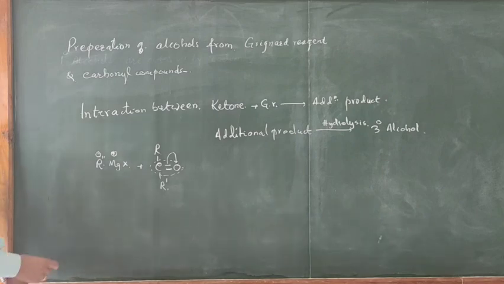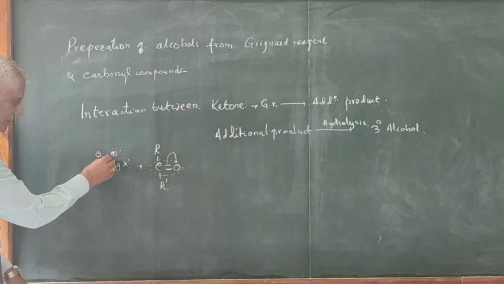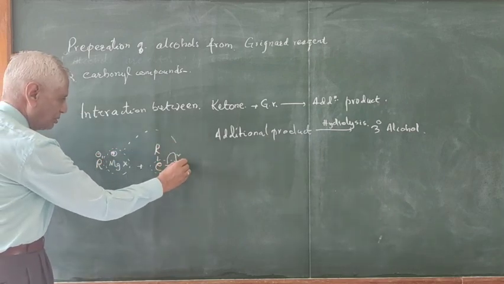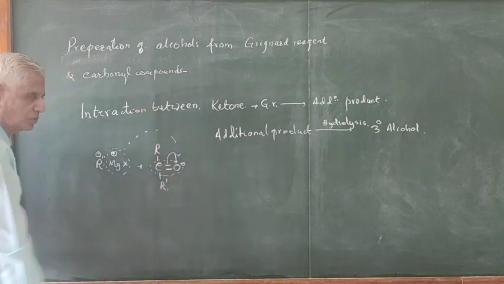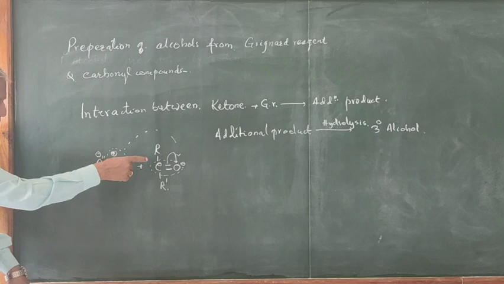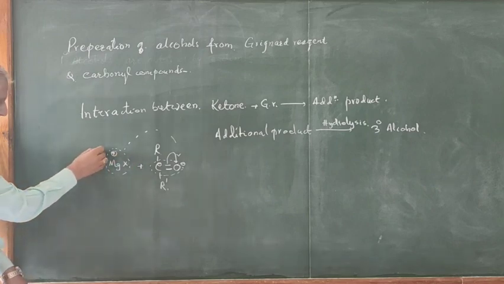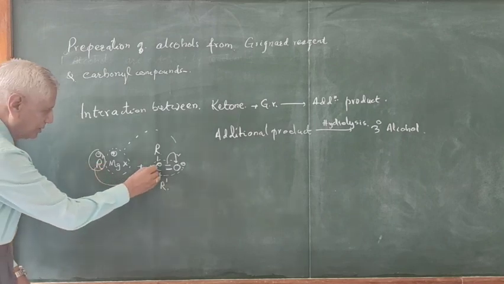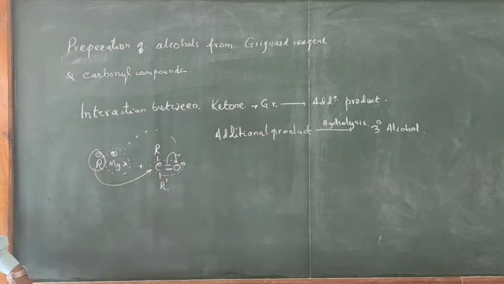Hence, what happens here? This MgX will attach to oxygen, which has got the negative charge. Therefore, MgX having a positive charge goes there, and this R of the MgX comes here. So the addition reaction takes place across the carbonyl group.